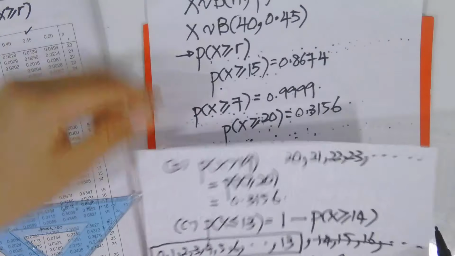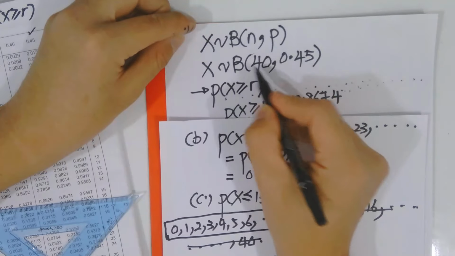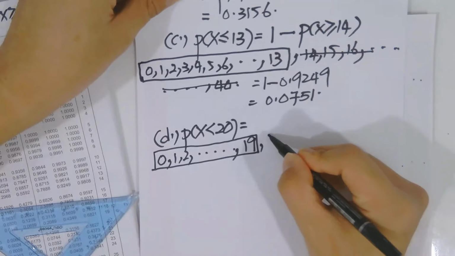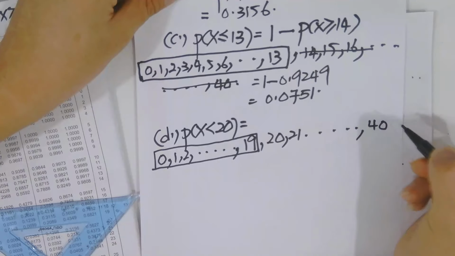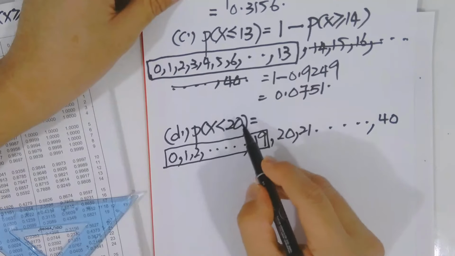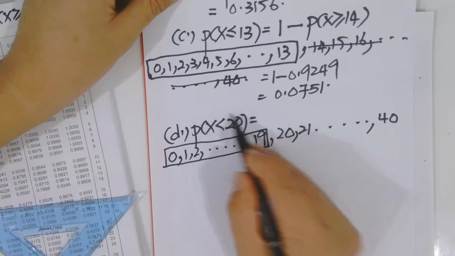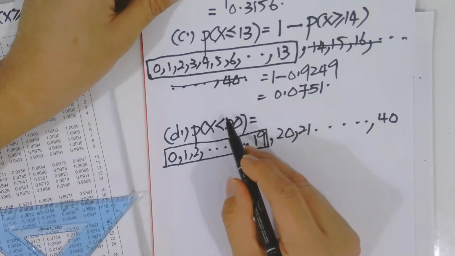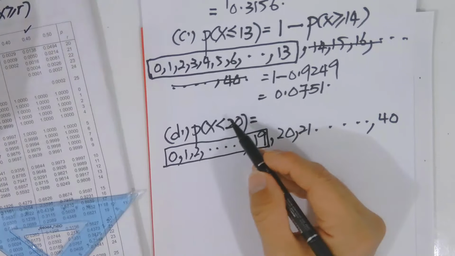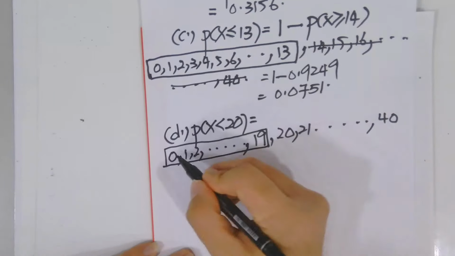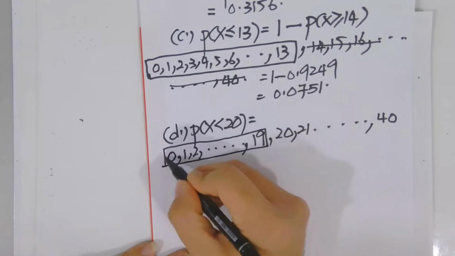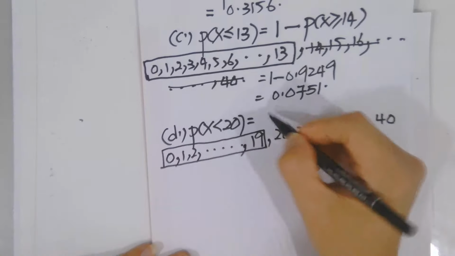As you know, the number of tries in this case is 40, so it starts with 0 up to 40, then 20, 21, and so on up to 40. We cannot read this from a statistical table because our table is in the format of P(X ≥ r). So now I just want the numbers 0 up to 19.